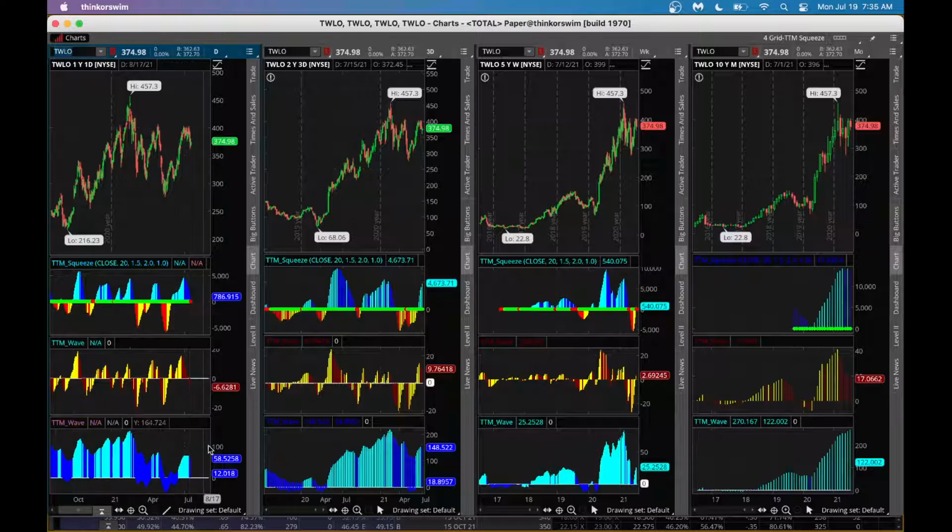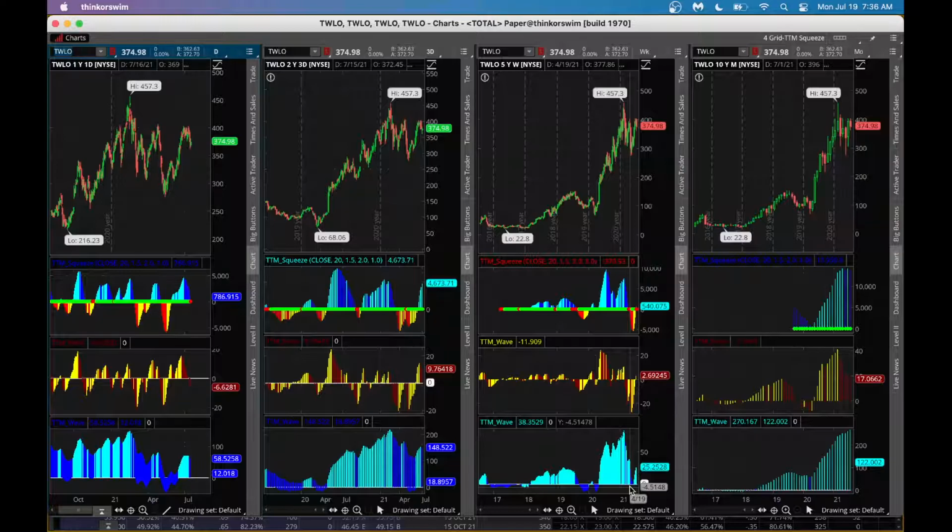The shorter term A wave is below zero, a red line below zero, but the longer term A wave is squarely above zero, and that's a bullish signal. There's also a squeeze forming on the weekly chart, with the shorter term A wave above zero and the longer term A wave above zero. With that, the coast is clear.